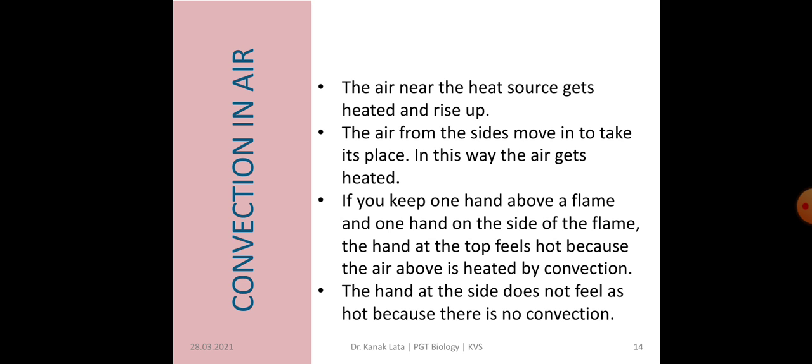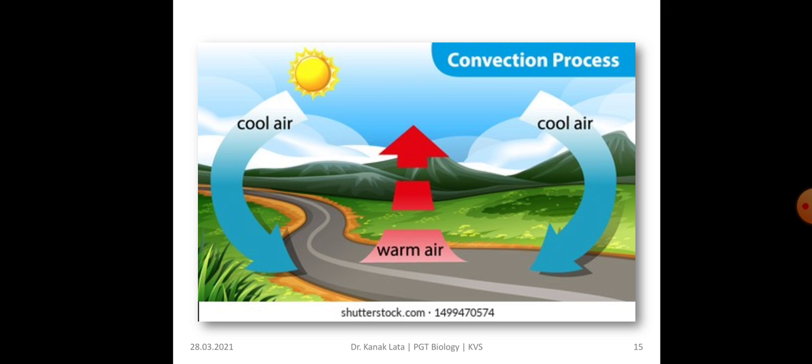The hand at the side does not feel as hot because there is no convection, because heat always transfers from a hotter to a colder region. Here you can see that whenever the air becomes warm, it goes up, and the cool air goes down on the side.